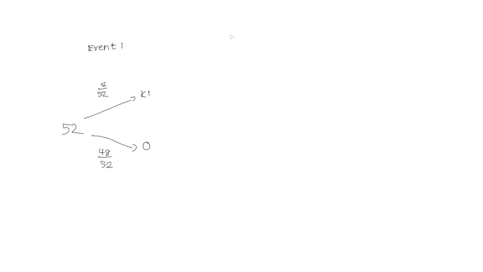The second event looks at drawing a second card without replacing the first card. Since we are not replacing the first card, we are only left with 51 cards in the deck.